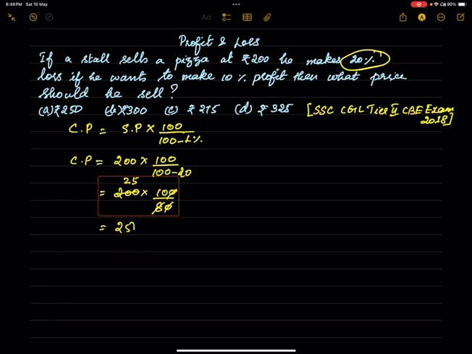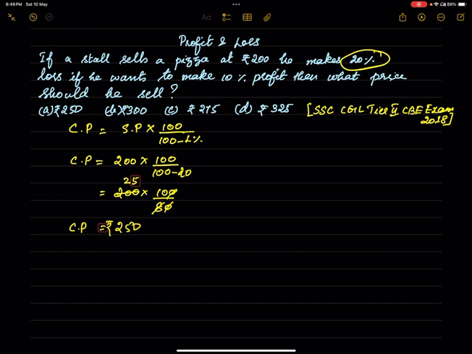So 250 is cost price. Okay, in the first transaction he is making loss only, because SP is 200, but CP is 250 we got.